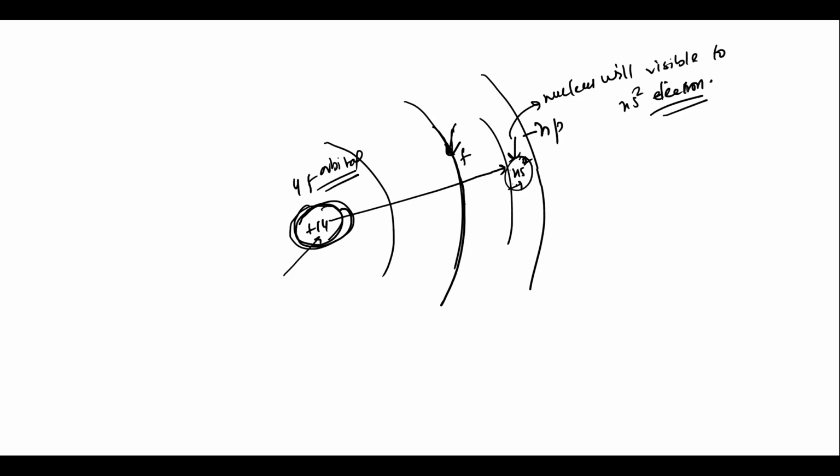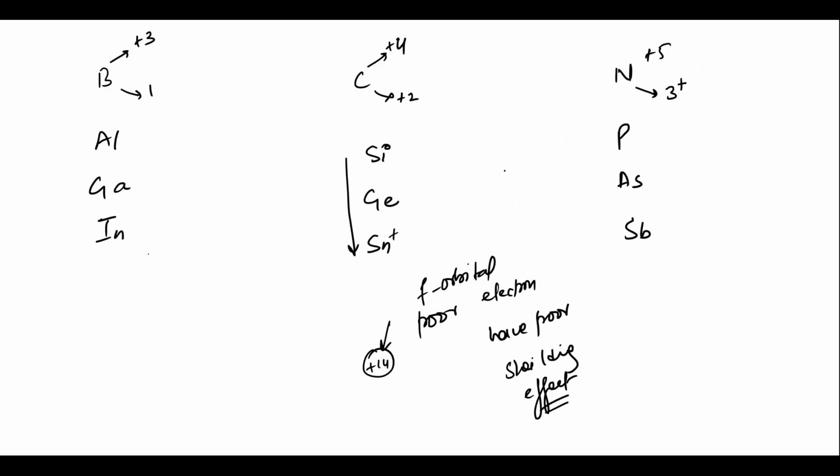So as we move down the group, due to increase in positive charge, like this, ns2 np1, ns2 np2, and ns2 np3.